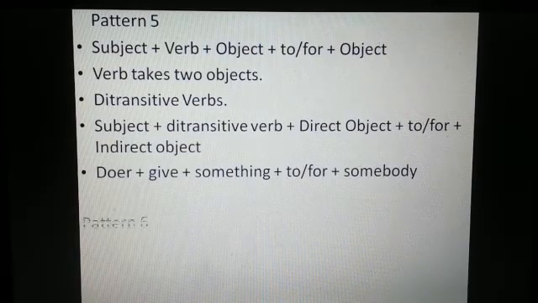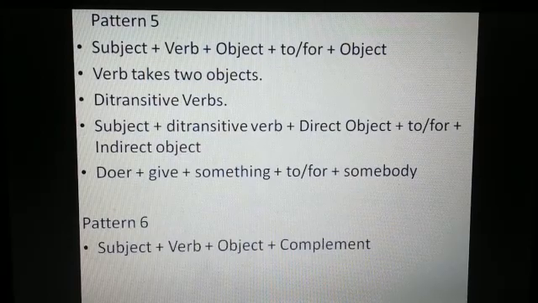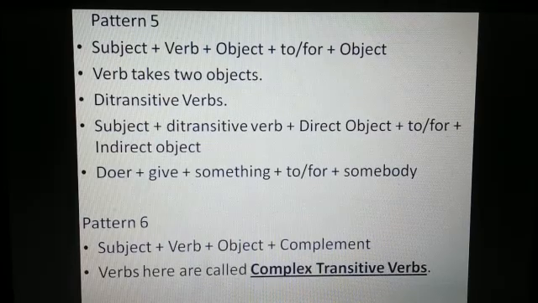Then we move on to the next pattern, pattern 6, which is subject plus verb plus object plus complement. Verbs here are called complex transitive verbs. Only a few verbs can be used as complex transitive verbs.